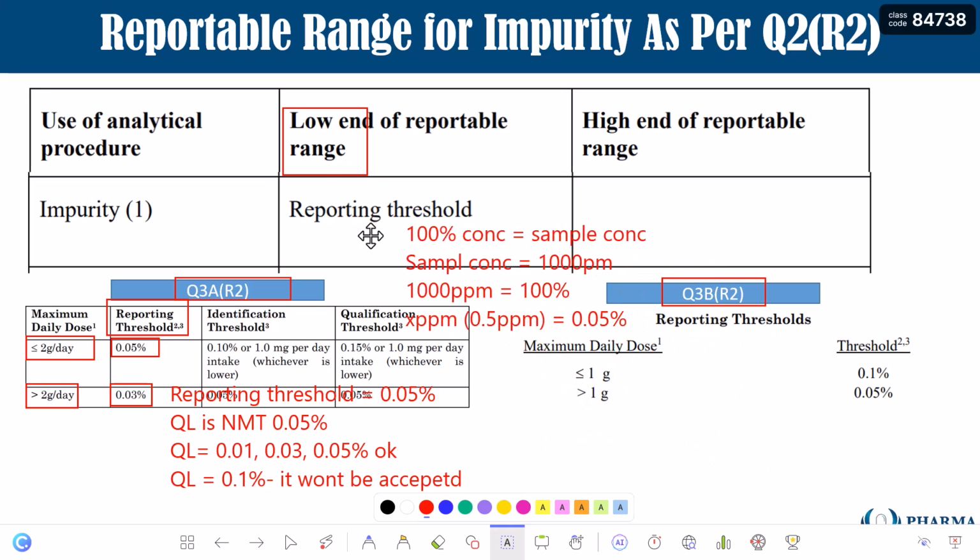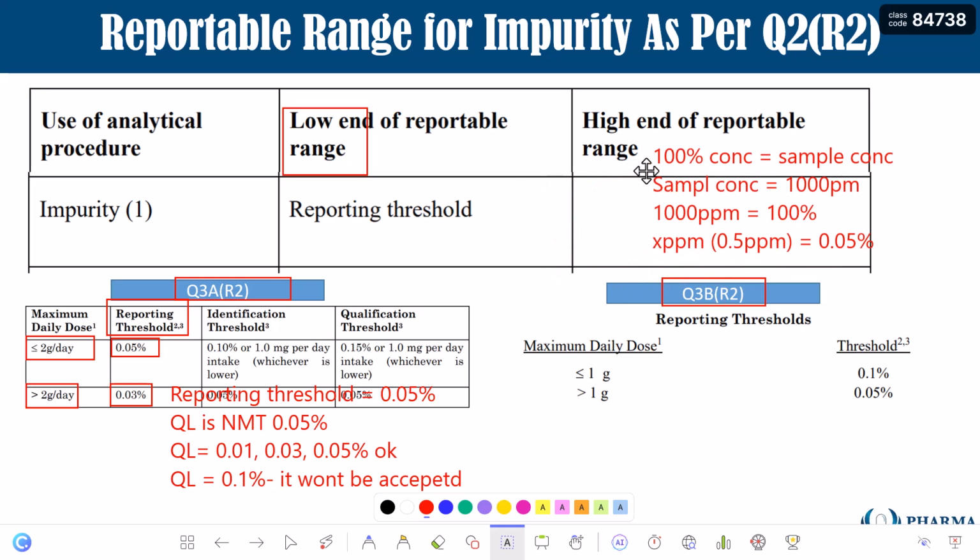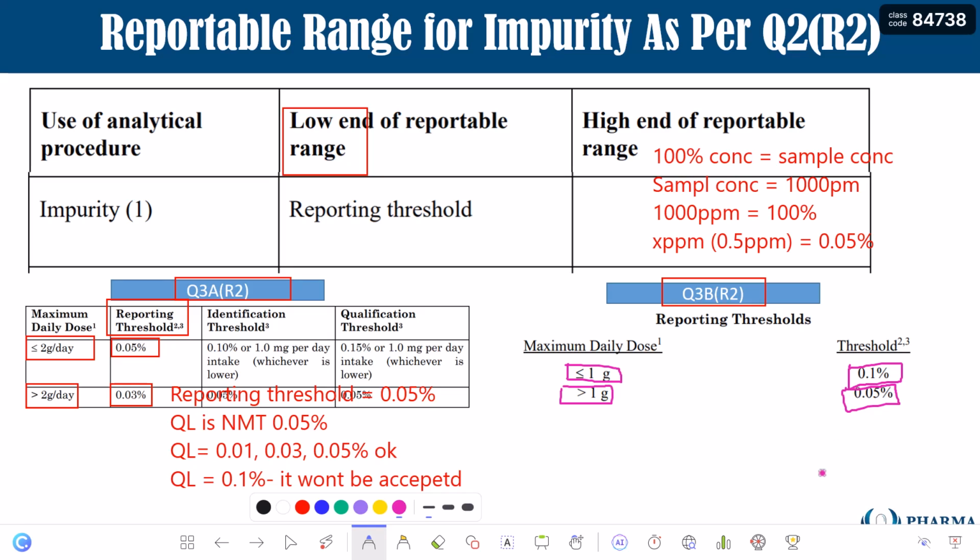And the same is the case if you want to understand the requirement for drug product. The reporting threshold values are on the screen, and it is again dependent on the maximum daily dose. If the maximum daily dose is less than or equal to 1 gram per day, then 0.1% is your reporting threshold. But if the maximum daily dose is greater than 1 gram per day, then 0.05% is your reporting threshold.